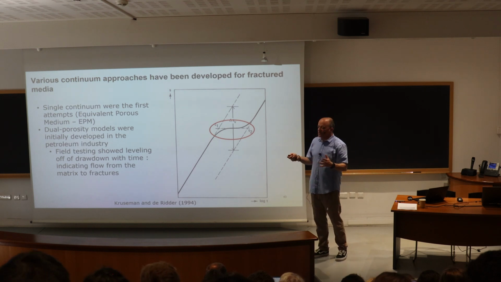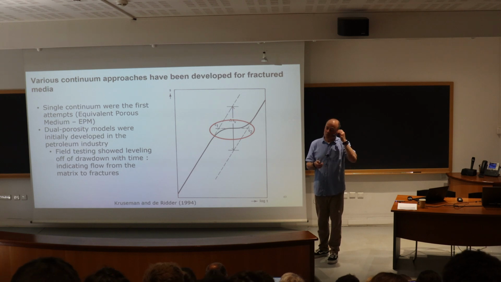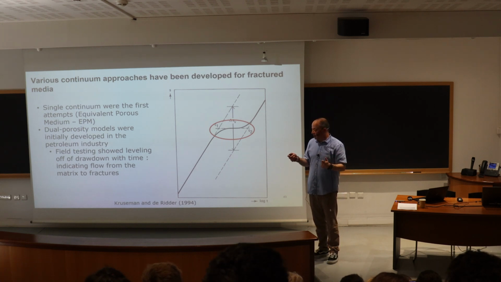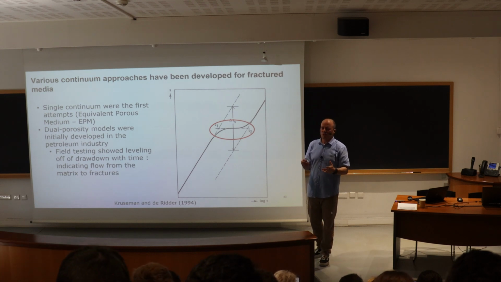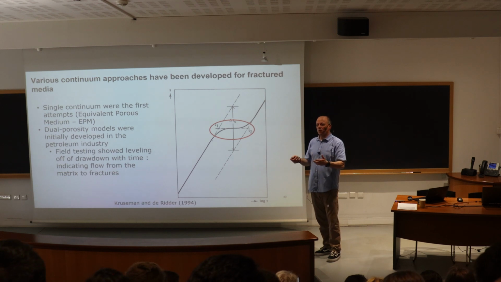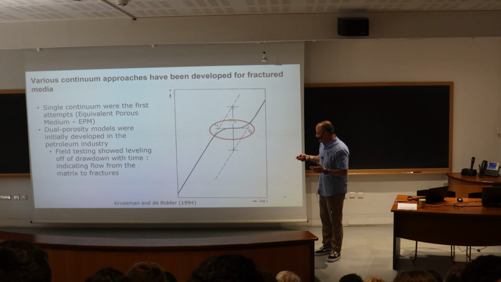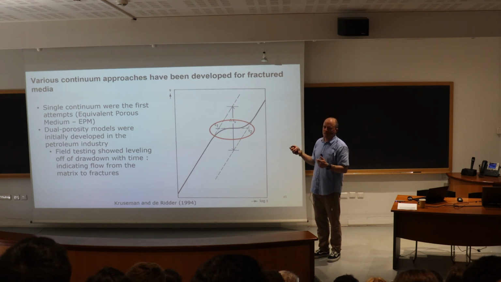Fractured systems were initially treated with an equivalent porous medium approach, but in the 60s already, in petroleum reservoir engineering, some people were looking at the pressure change in a reservoir that was being pumped. This is from Kruseman and de Ridder, but actually this comes from the early 60s.